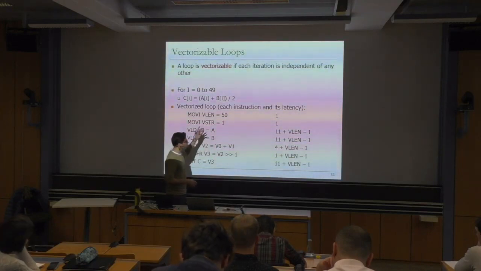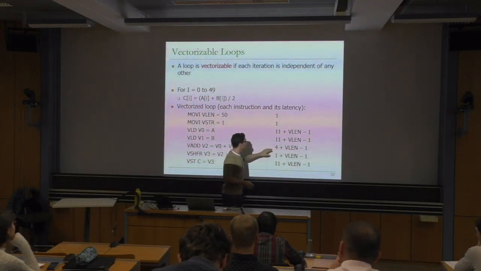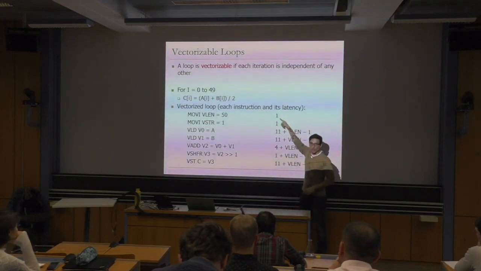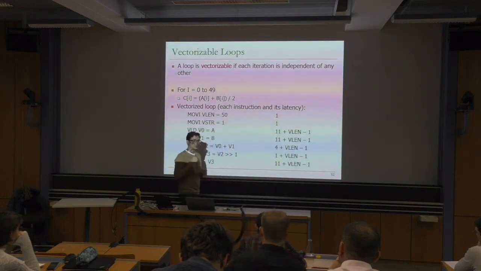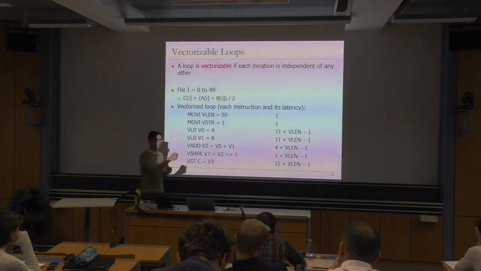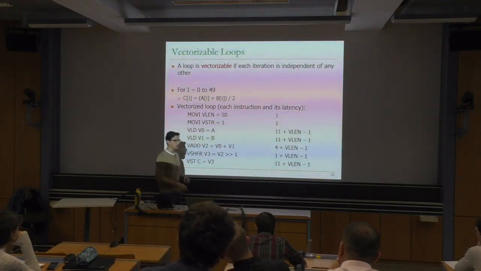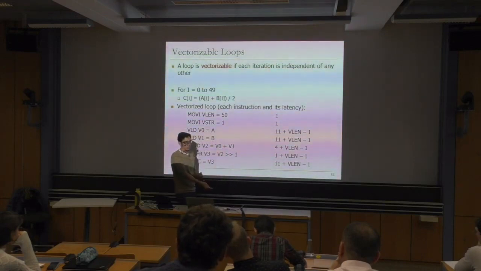So now, the latency of this is here. Each of the individual operations takes exactly the same number of cycles. But the good thing is that because we are using a vector machine, as soon as we issue one instruction, one load or one add or one shift right, in the next cycle we can start with the next operation.